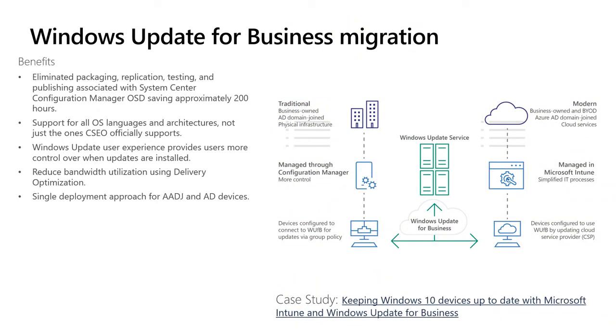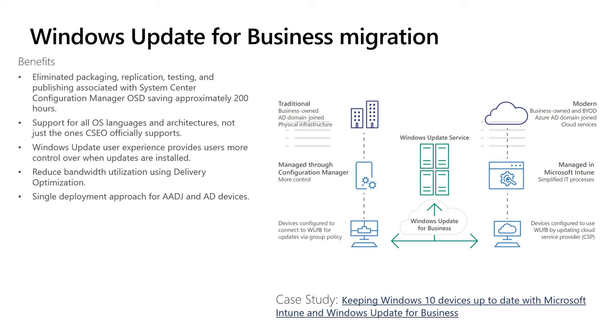So Windows Update for Business, we've moved, there's a case study here. Like I said, Microsoft.com/IT Showcase. We've published this on our migration to Windows Update for Business. We've been doing Windows updates for as long as Windows has been along. And basically, we've moved all of our infrastructure, gotten rid of our WSUS servers, and moved completely to Windows Update for Business.